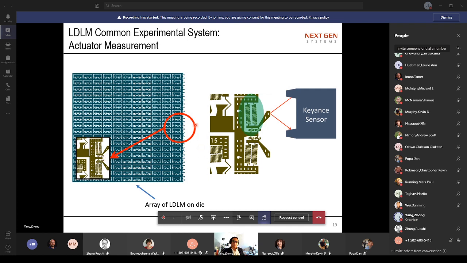So we put some microrobots on the edge of this die, and then we shine the laser beam on the structure, and finally use the Keyence sensor to measure the displacement. The Keyence sensor is a laser displacement sensor. It calculates the time of the reflections to know how much distance the structure moved.